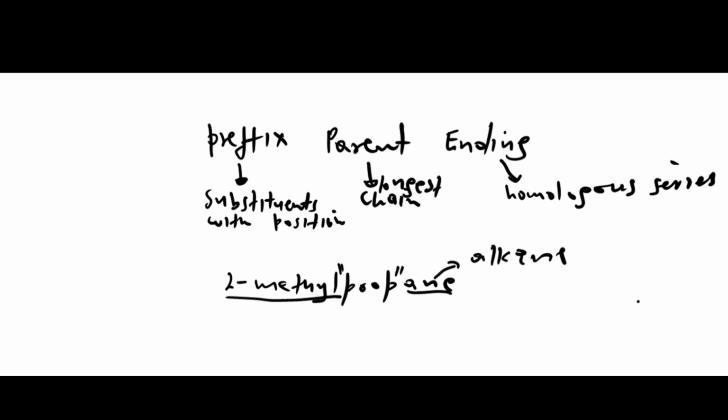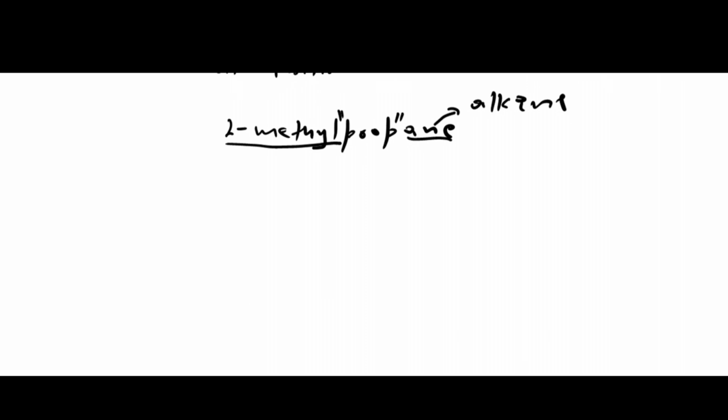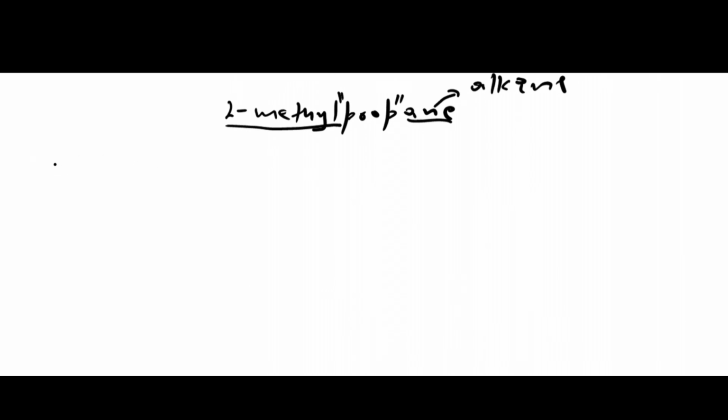Now let's go to the prefixes that we have. Prefix. So a prefix can be methyl, meaning that there is only one carbon atom with 3 hydrogen atoms.